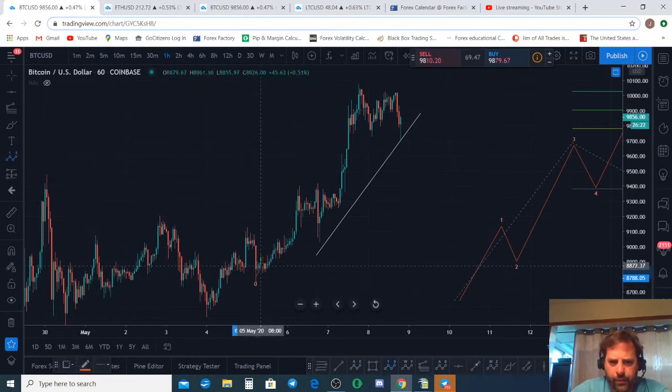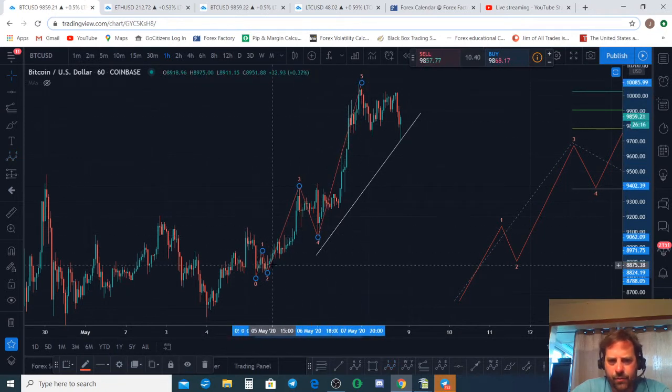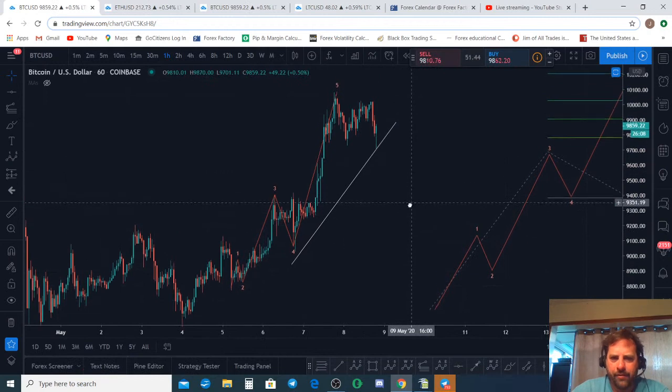So in other words, the way we subcount the third wave is like this. And here is 1, 2, 3, 4, doesn't break 1, and then 5, and that's the extended fifth. And now we're getting the fourth wave.